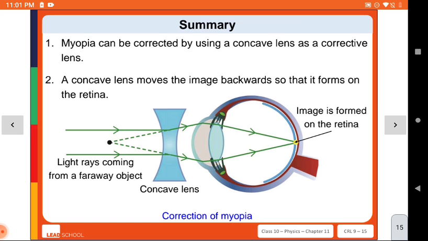In this case we use a concave lens which diverges the rays of light. It diverges the rays and shifts the image backward onto the retina. That is why spectacles with a concave lens help to correct the myopic eye.